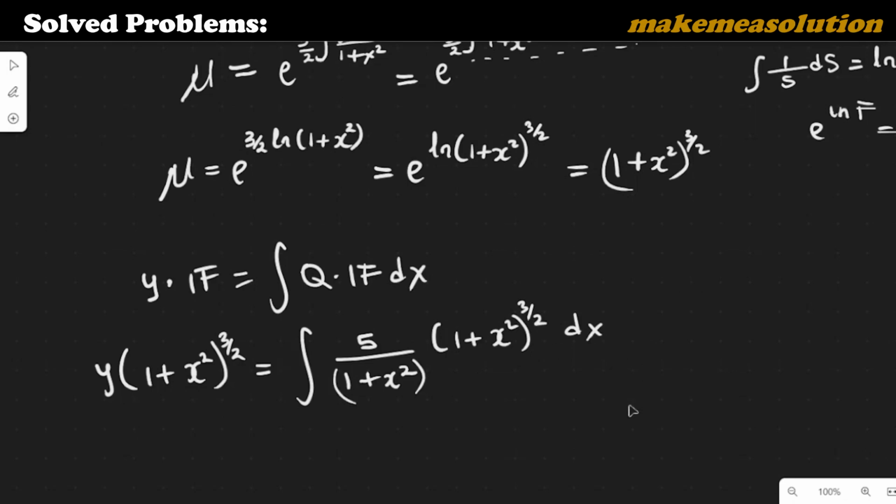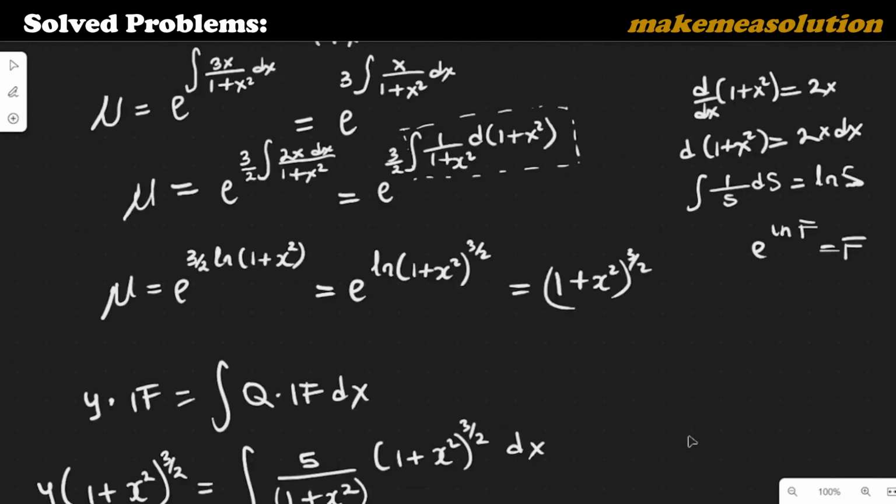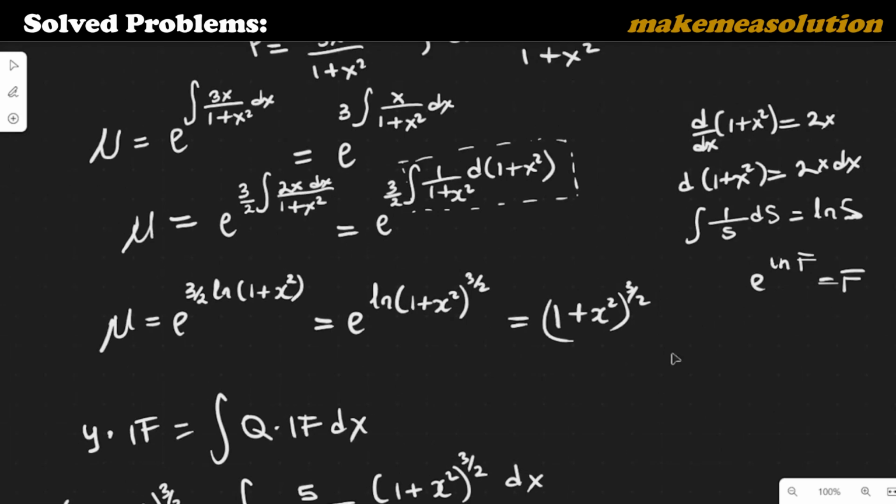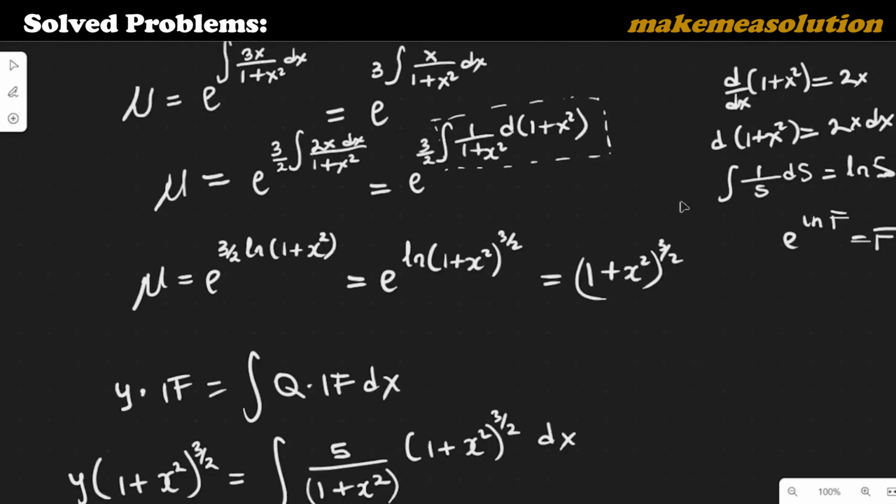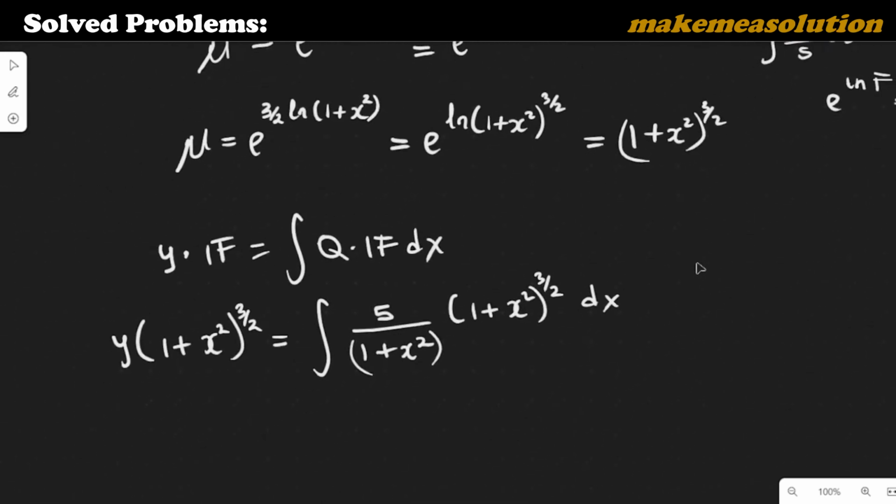Is that okay? So let's see how to go about this. Let me just be sure of something. Oh, 5x. Okay, it's actually 5x over 1 plus x squared.